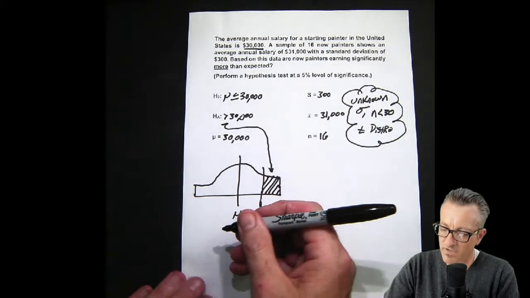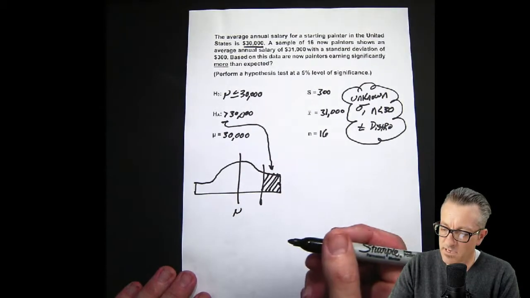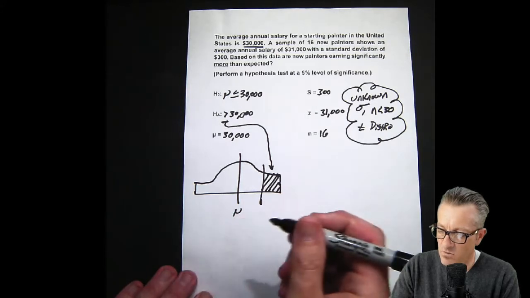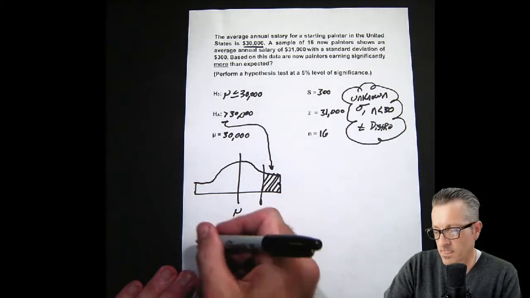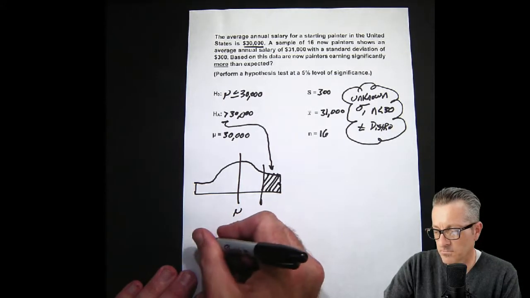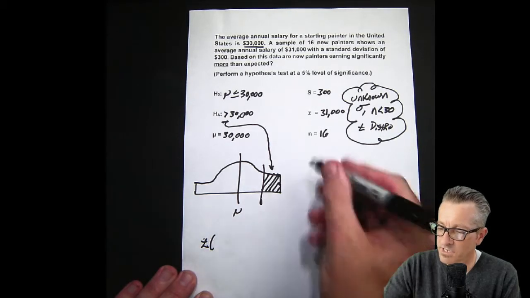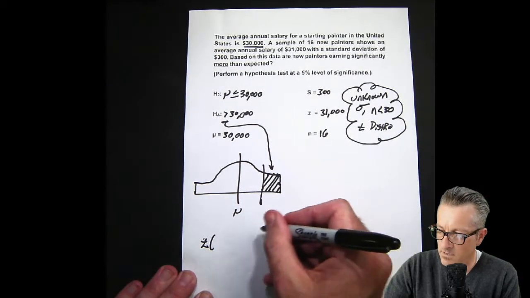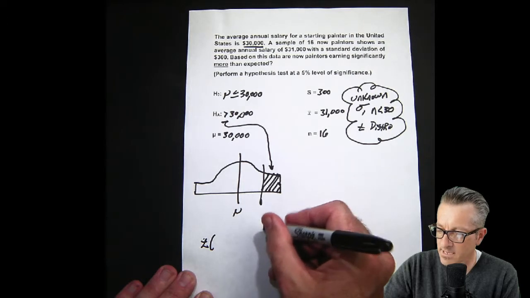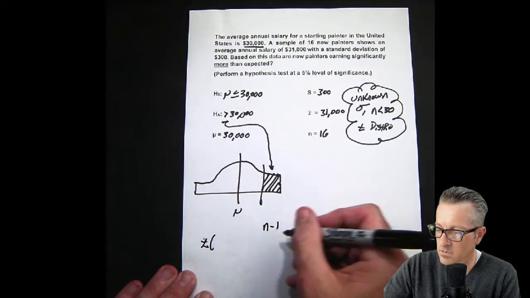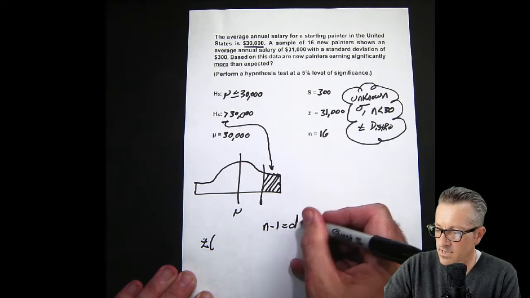For our critical value, it's pretty easy with a t-distribution because we have our table. So our critical value is from the t-distribution. We need our degrees of freedom. They're always n minus 1 equals our df.